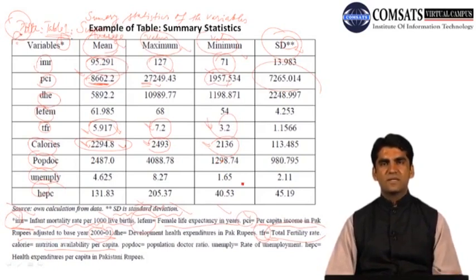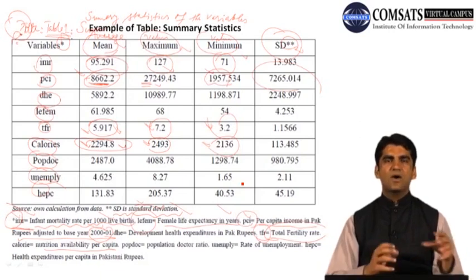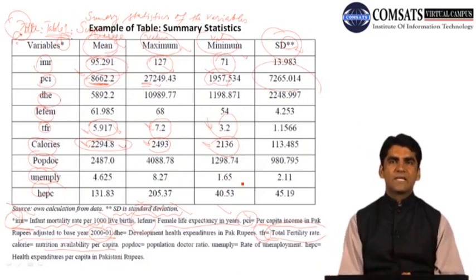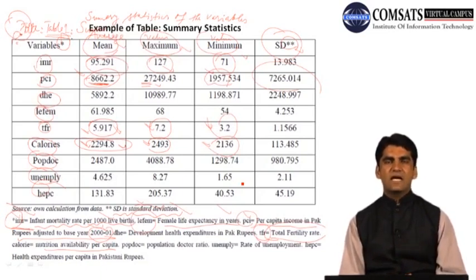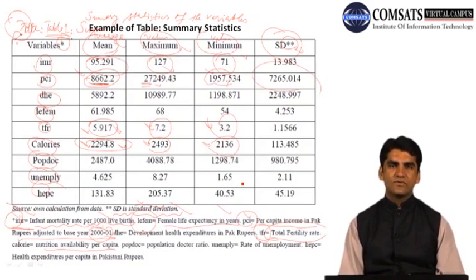So this is how we will be in a position to see our summary statistics, and how we can seek the differences, similarities, and behaviors of various variables that are of interest to us in our research.